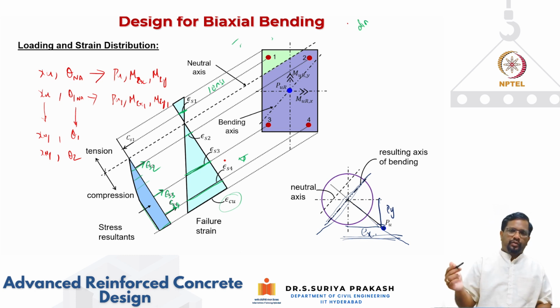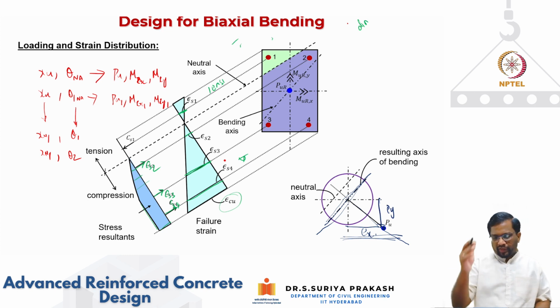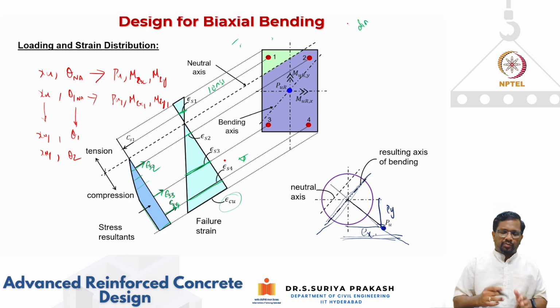Though you may have eccentricity about your x and y axes, that can be converted into uniaxial bending, and your neutral axis will always be parallel to the resultant axis of bending, which will not be the case for a square or rectangular column. And your compression area also will change. You can have multiple shapes of compression areas depending upon the angle and the depth of your neutral axis.